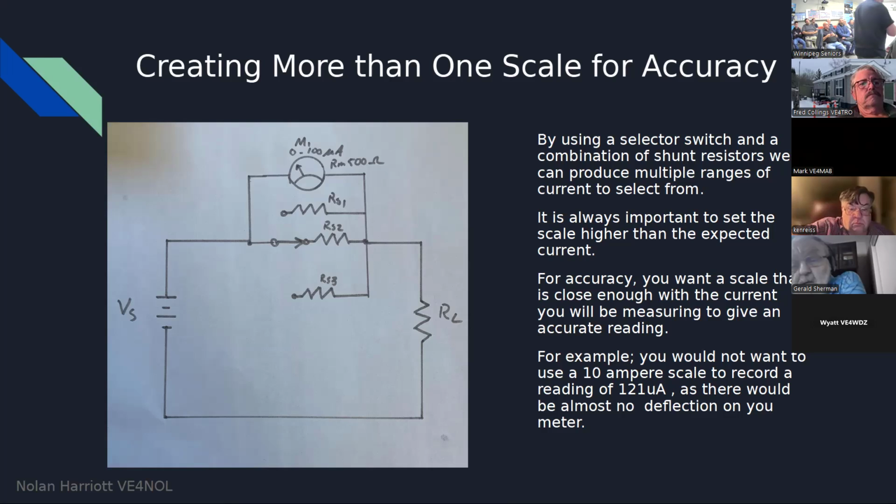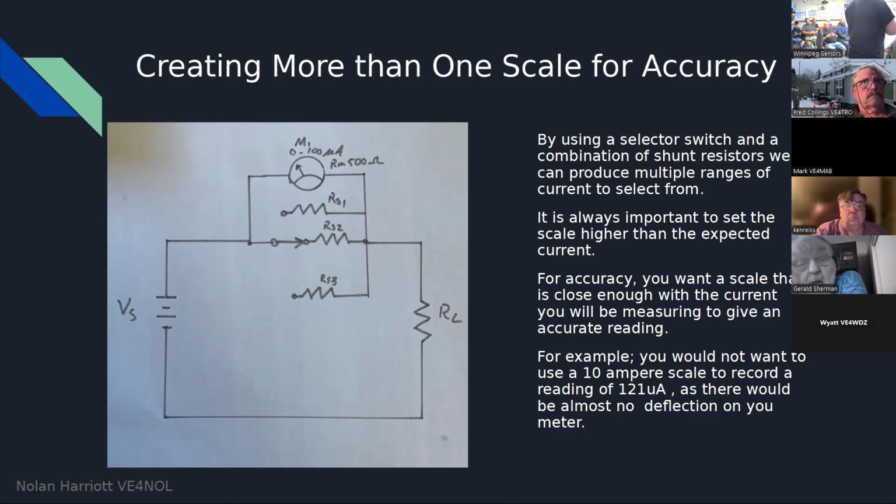A lot of the older meters, I've got an example of one here, probably the people online can't see it, often have a selector switch to select your scale. All you're doing is literally just selecting a different shunt resistor. So by using a selector switch and a combination of shunt resistors, we can provide multiple ranges of currents to select from.